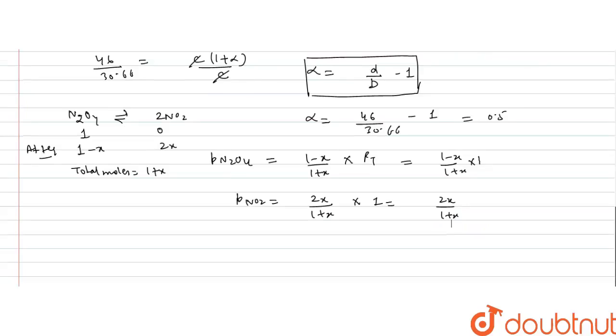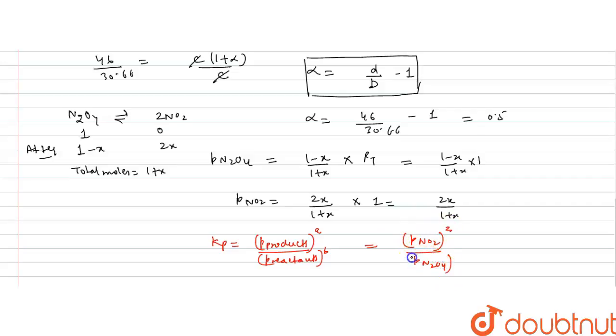Now if we write Kp, that is pressure equilibrium constant, it is equal to the partial pressure of products raised to the power of their stoichiometric coefficients divided by the partial pressure of reactants raised to the power of their stoichiometric coefficients. So for this reaction, Kp is the partial pressure of NO2 raised to the power of its stoichiometric coefficient divided by the partial pressure of N2O4.